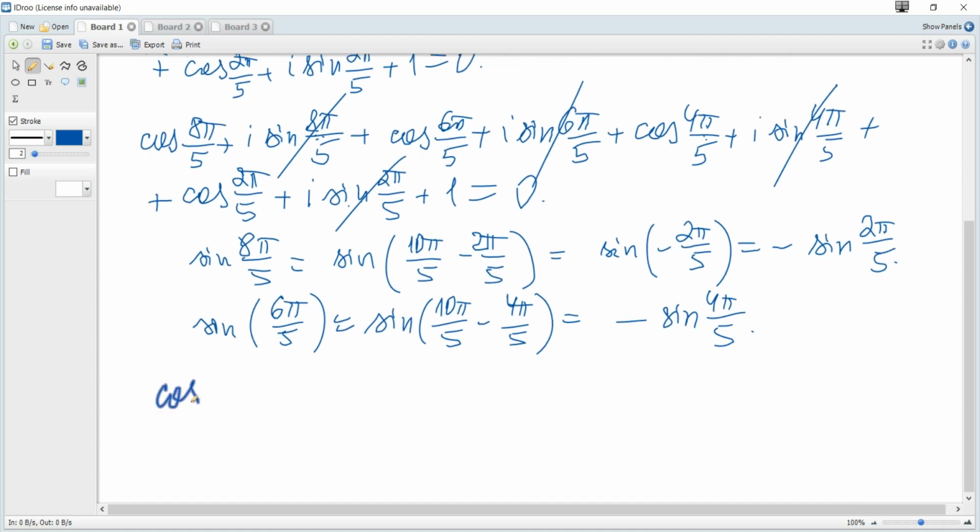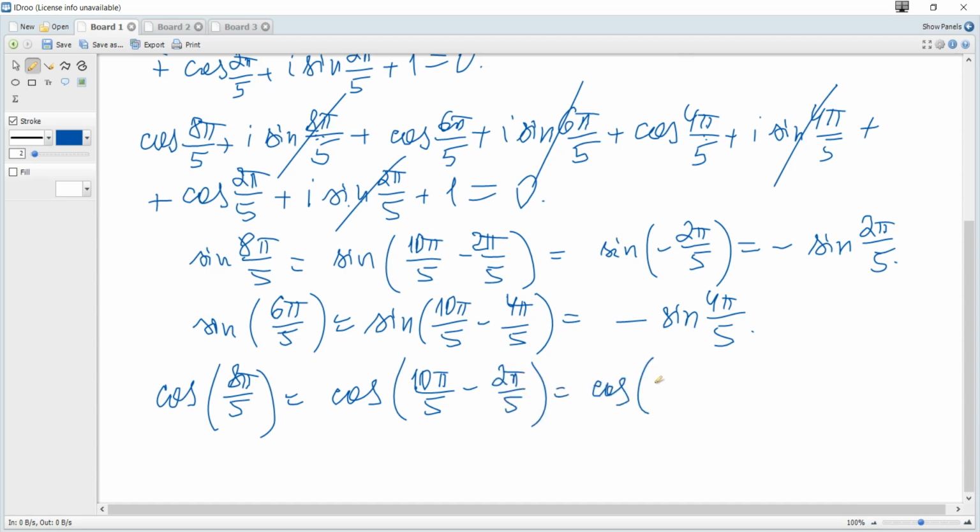Cosine of 8 pi over 5 is similarly cosine of 10 pi over 5, which is 2 pi, minus 2 pi over 5, so it's cosine of negative 2 pi over 5, but cosine is an even function, so it's the same as cosine of 2 pi over 5.